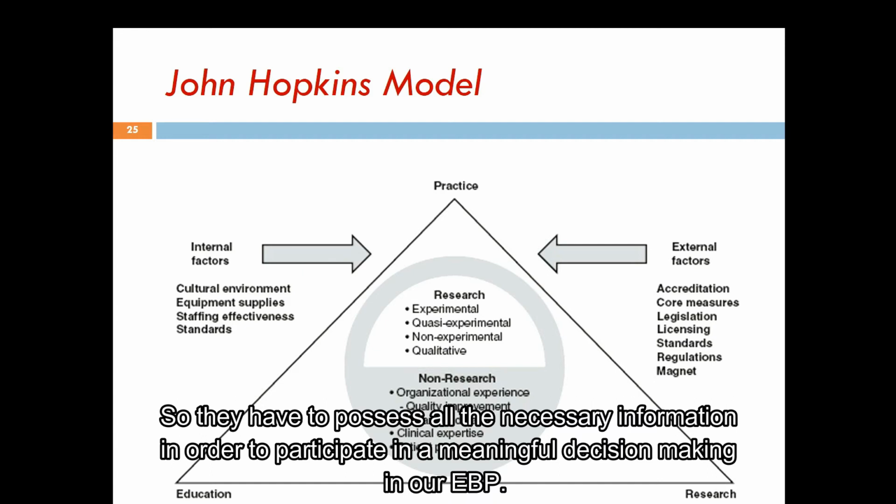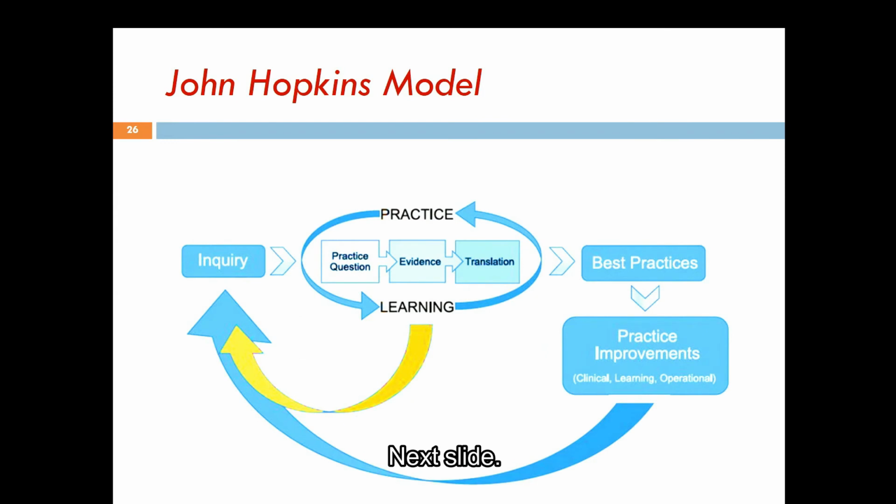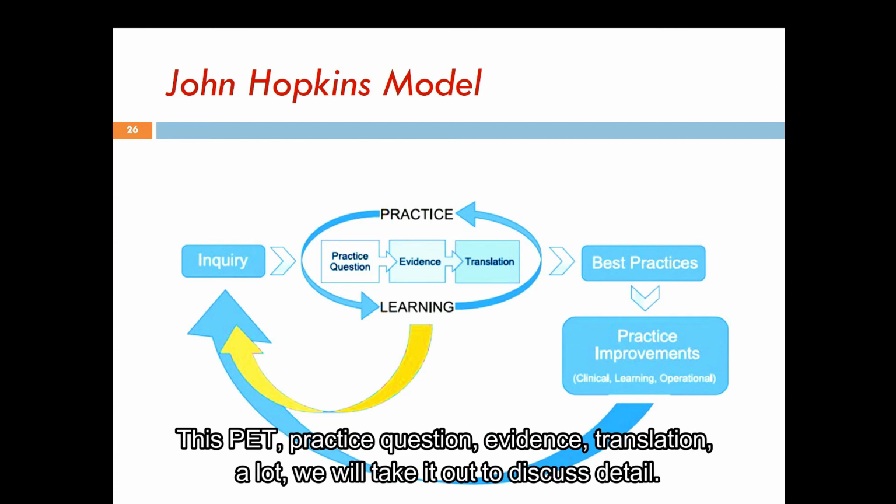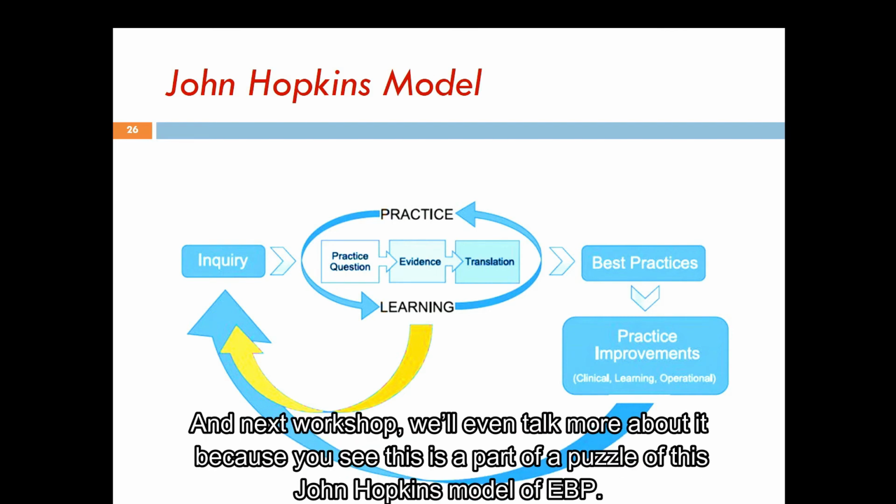So next slide. Now, the Johns Hopkins model also looks at asking a question, your practice and learning. This is PET: practice question, evidence, translation. We will take it out to discuss in detail, and next workshop we'll even talk more about it.